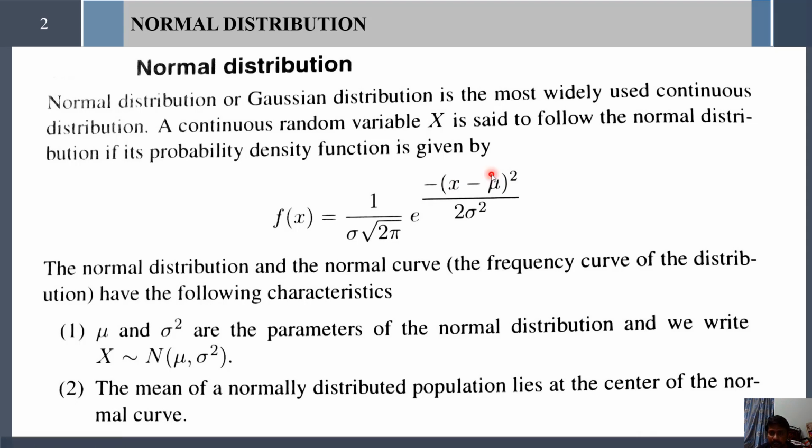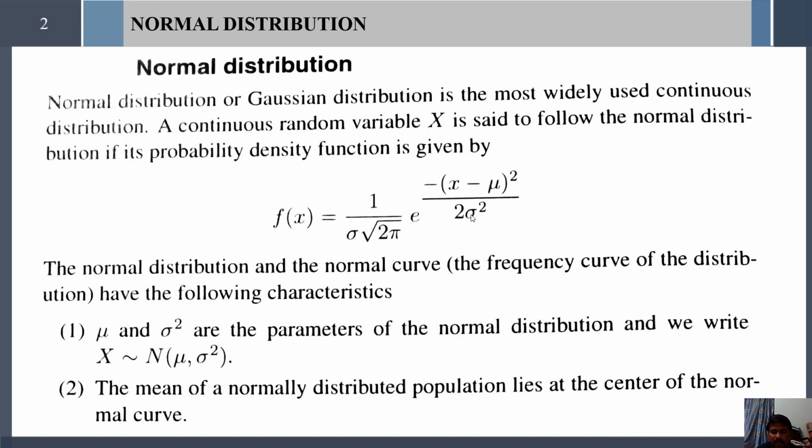Here mu is the mean and sigma square is the variance, otherwise sigma is the standard deviation. So mu is the mean and sigma is the standard deviation.